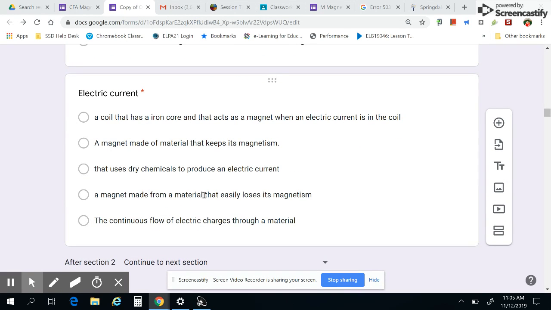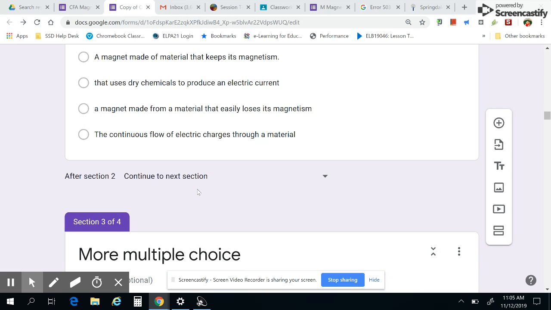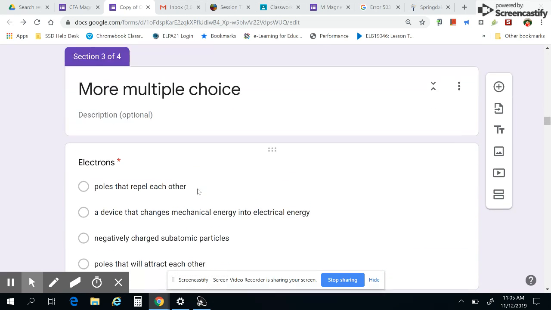Electric current. A coil that has an iron core and acts as a magnet when an electric current is in the coil. A magnet made of material that keeps its magnetism. That uses dry cell chemicals to produce an electric current. A magnet made from material that easily loses its magnetism. The continuous flow of electric charge through a material.